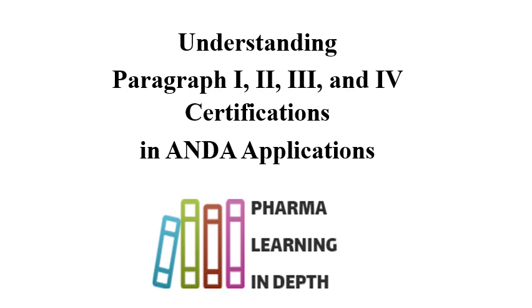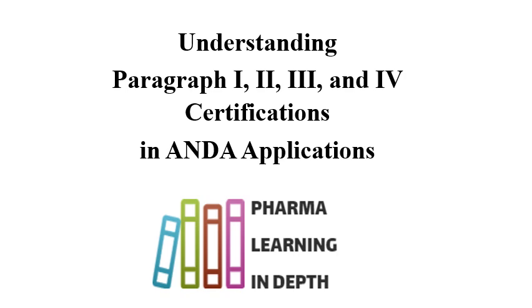These paragraph certifications give clear information to the US FDA on whether the generic product application is infringing the patents or non-infringing the patents, whether the patents are expired or not expired, and whether the generic applicant will wait for patents to expire before marketing the generic product. So this is the generalized idea about the patent certification.